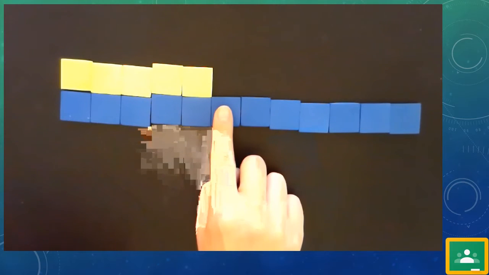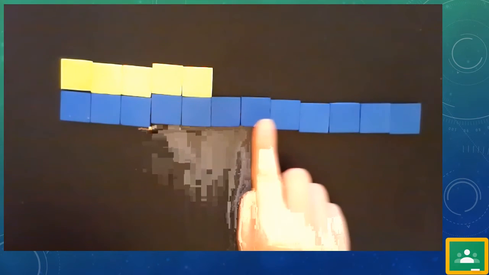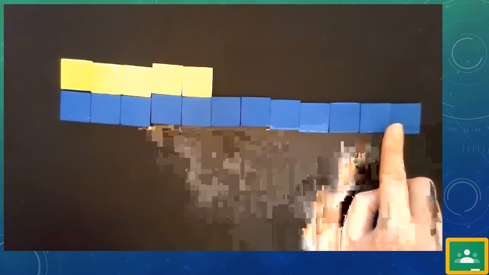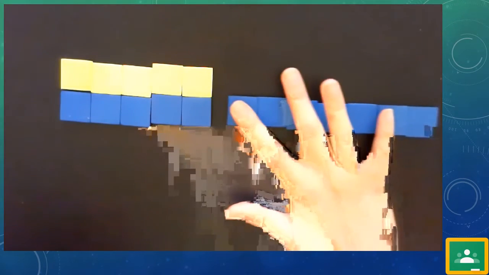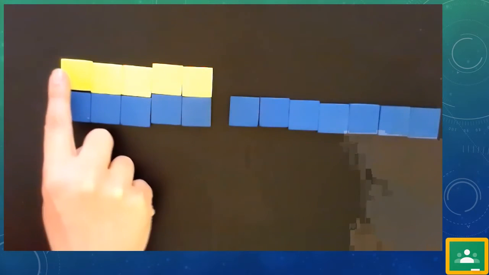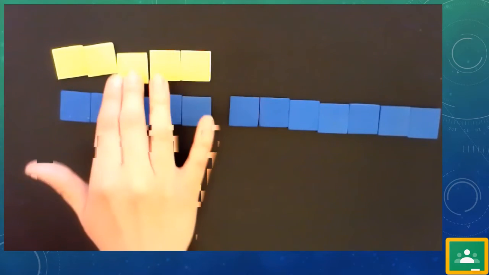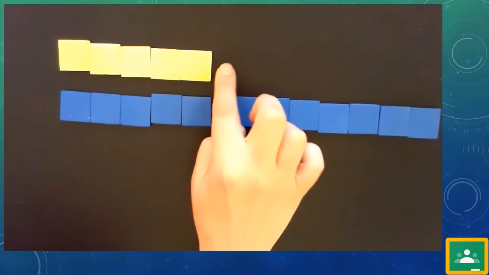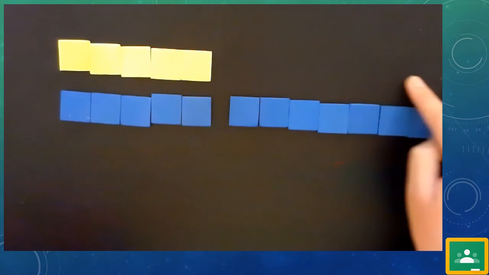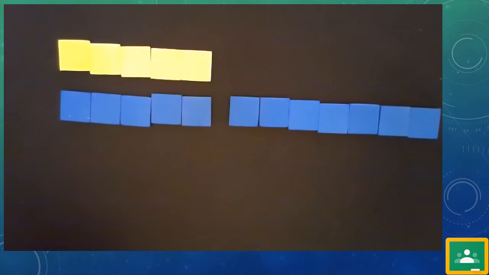And then I can see that there are 7 tiles that don't have a match because these tiles are the how many more. If I wanted my yellow tile group to equal my blue tile group, I would need to add on 7 more yellow tiles. Then the two groups would be equal.